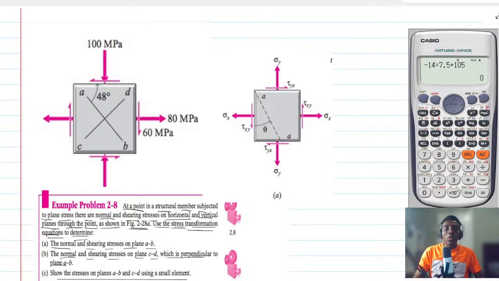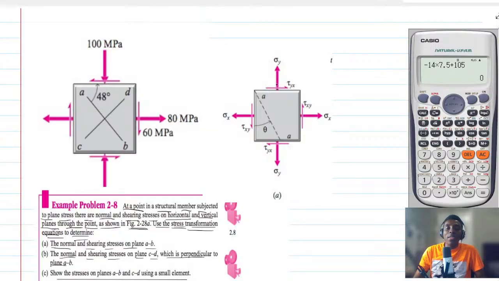If the x is in this direction, it is positive. But if the x is going against this direction, for instance, if you see that the x is coming inside, then it is negative.